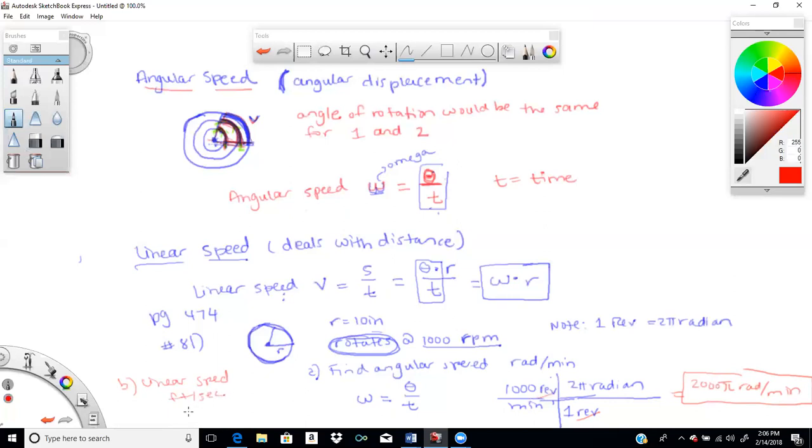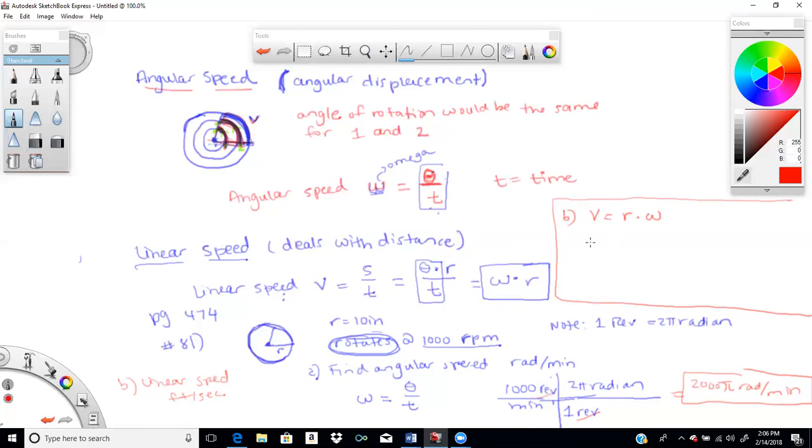All right, let's see, we need some space. So I'm going to go up here for space for B. Remember that linear velocity is equal to the radius times omega, which is the angular speed. And the radius is 10, right?